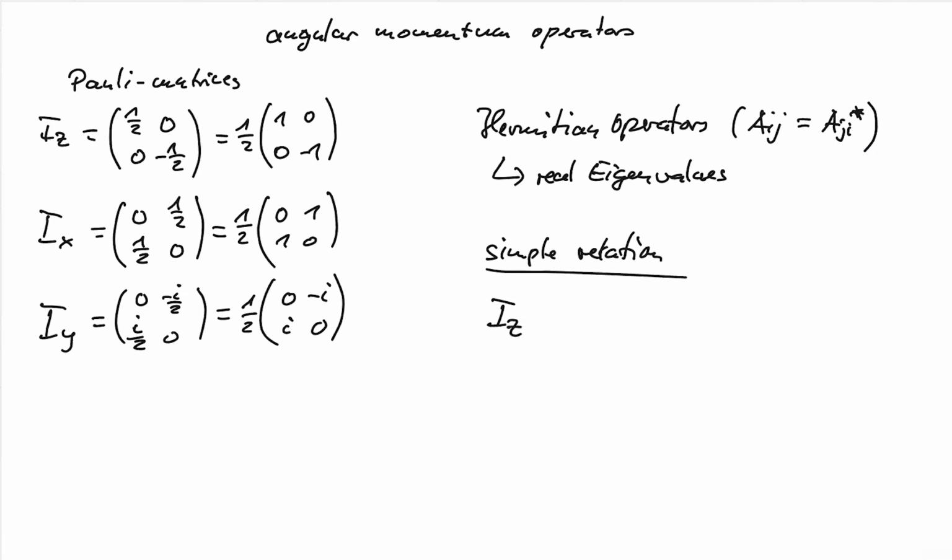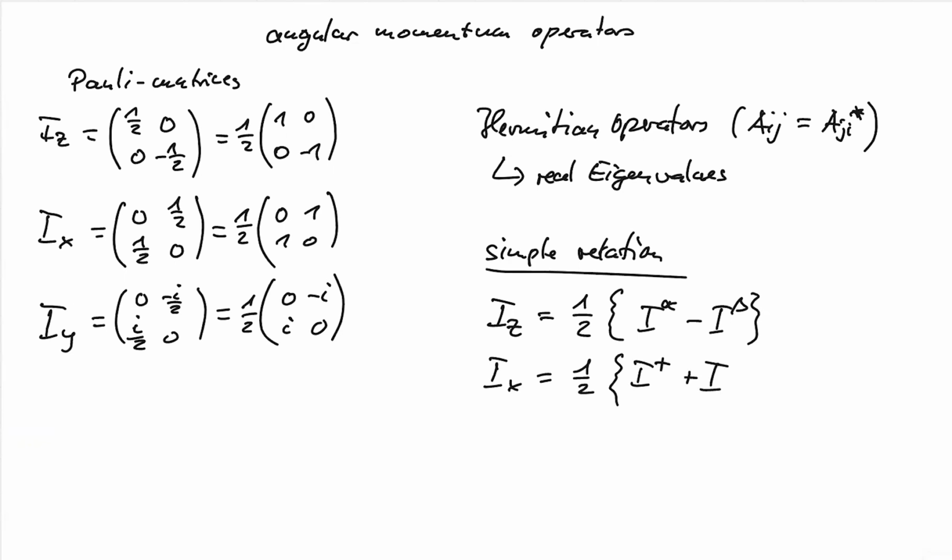Iz is simply 1/2 (Iα minus Iβ), and Ix is 1/2 (I+ plus I-), and Iy is minus i/2 times (I+ minus I-). And I'm sure you can see this yourself by just looking at the different matrices.